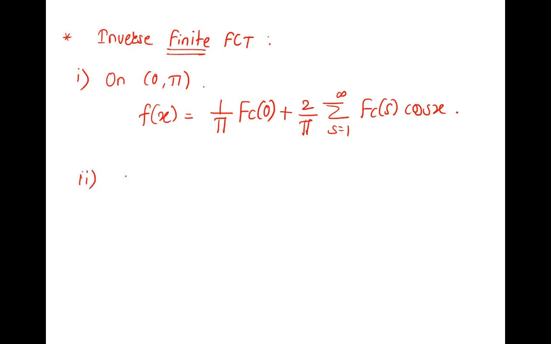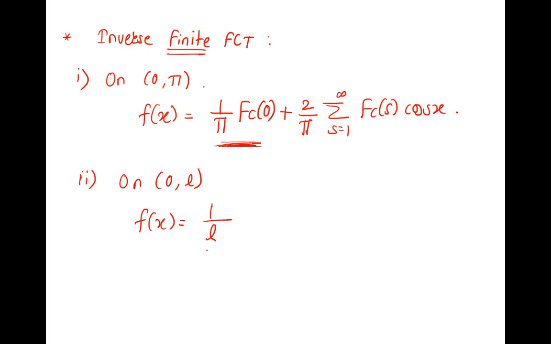And secondly, on 0 to L, it will be f of x is 1 upon, can you tell me? This term is also here. 1 upon pi, yes, fc 0. So it is an extra term. It is exactly like Fourier sine. This term is like sine, but for inverse finite Fourier cosine, this is extra.